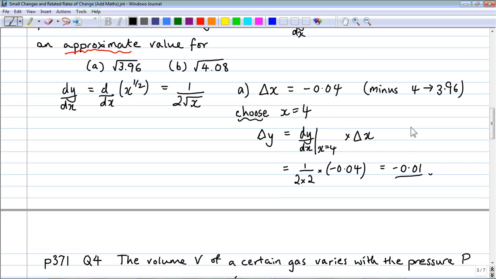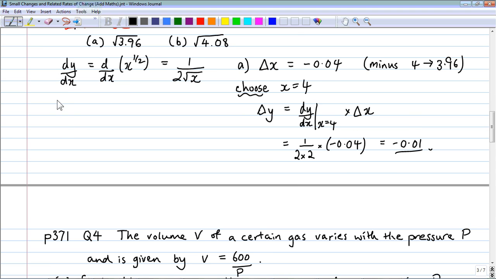Now that's delta y, but what was the original value of y? So let's just put a schematic here. X goes to x plus delta x means 4 goes to 4 plus minus 0.04. Y goes to y plus delta y means, now what was y?